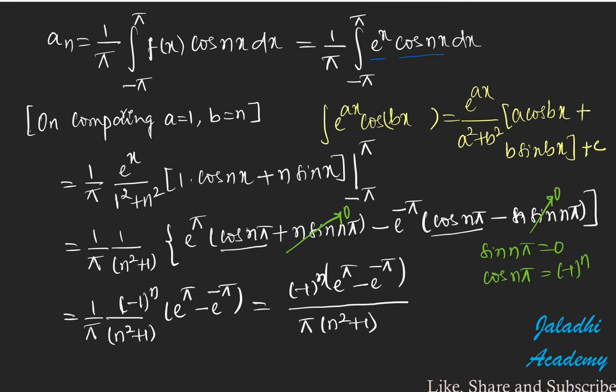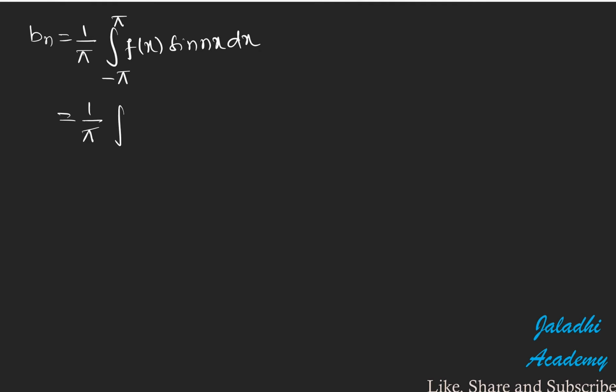So next, we need to compute the value of b_n. So we know the formula. Find the b_n. The formula is given by b_n is equal to 1 by pi, integration runs from minus pi to pi f(x) into sin nx into dx, and substituting the given value of f(x).